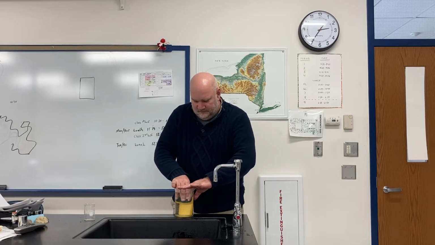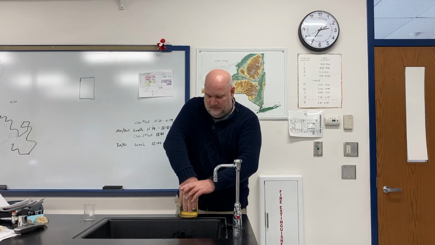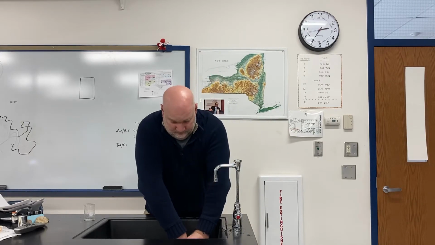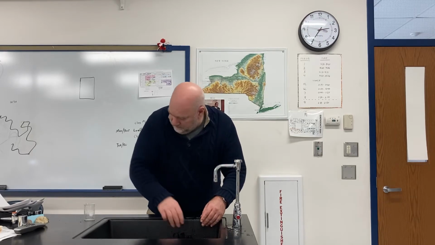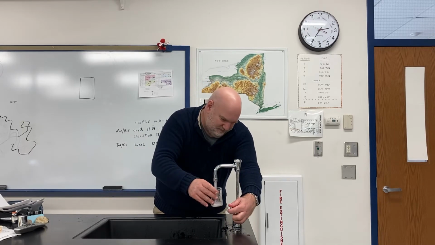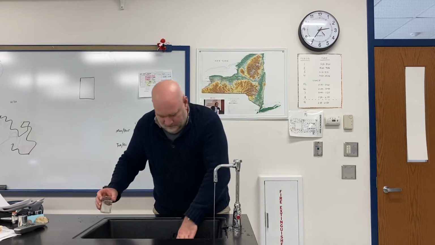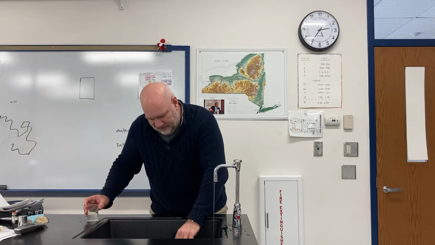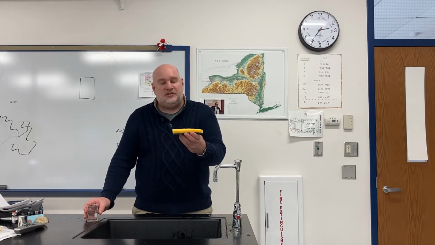Now what I'm going to do is take the sponge and put it in this container of water. The sponge has been in a container of water, so the sponge is saturated now.